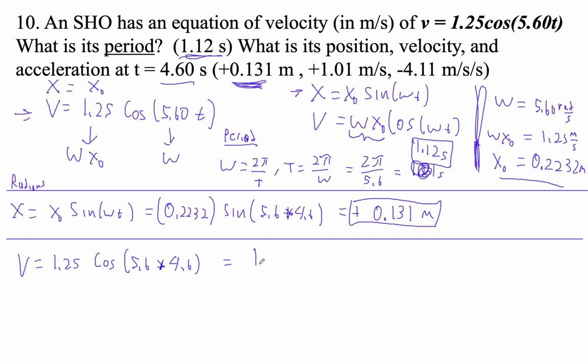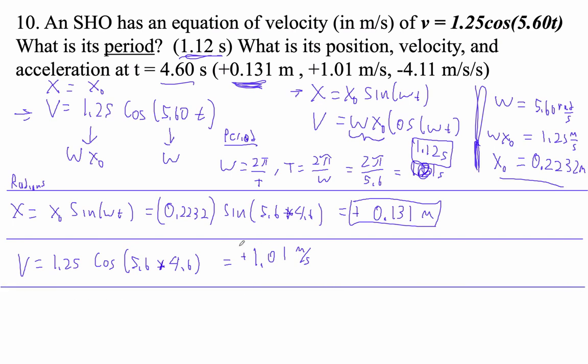And that is positive 1.01 meters per second. These are vectors, so any number that comes out of these is going to be positive or negative, however is appropriate. That's why I'm overtly labeling these positive.